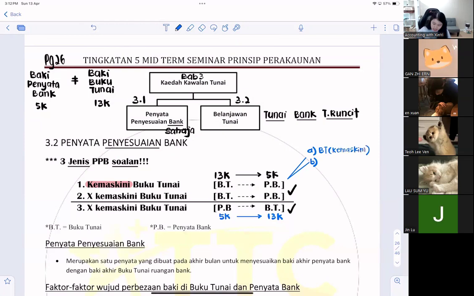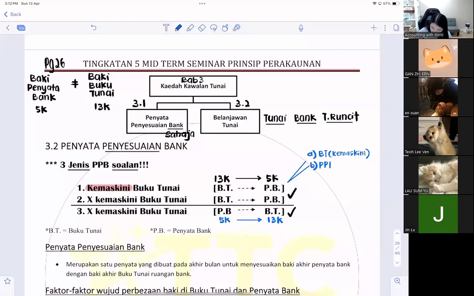Okay, after you finish this, only then can you carry on forward to the penyata penyesuaian bank itself. So your answer will actually be split into two parts. It wouldn't go straight from 13,000 to 5K. Maybe 13,000 will go to 7,000 first at this part, and then only when I do the PPP will it go to 5,000. So in between, there will be a temporary figure found. So that's for the first method.